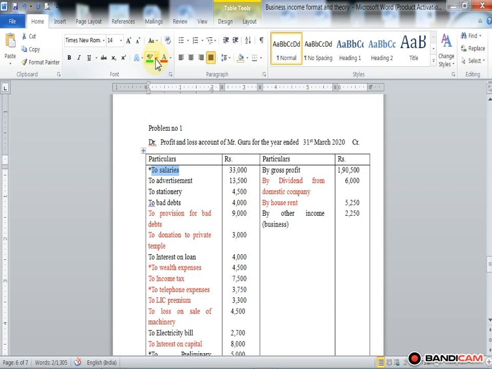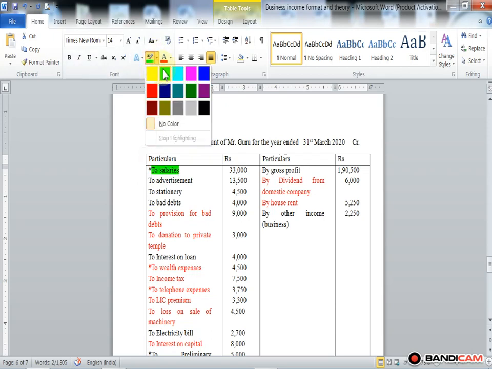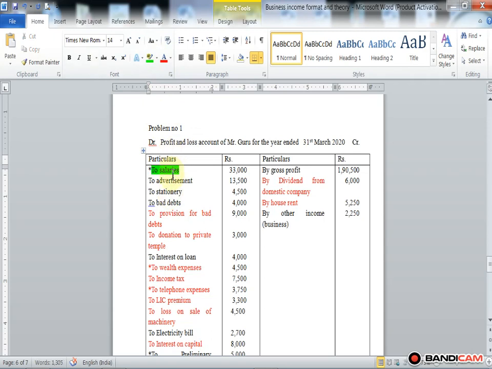So we highlight it in green color. So salary is taken into consideration, as well as telephone is also taken into consideration while computing the business income.